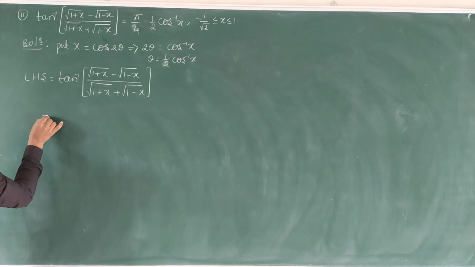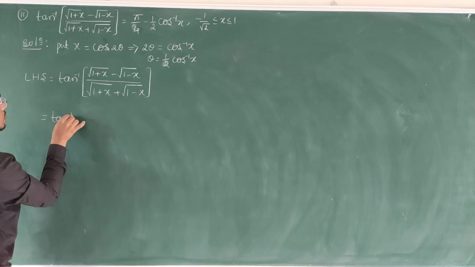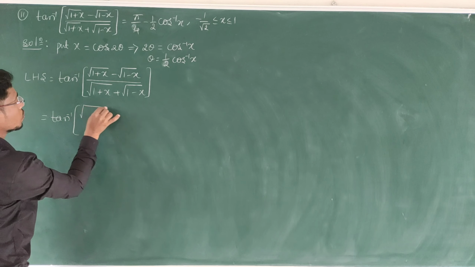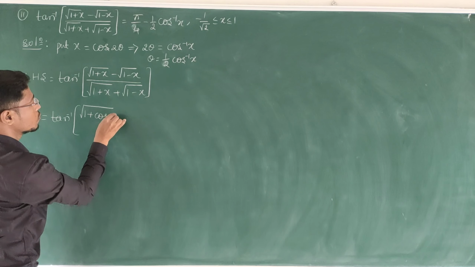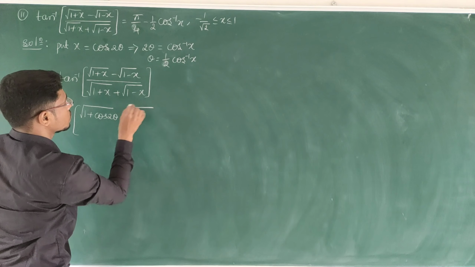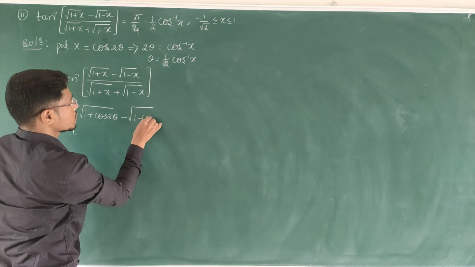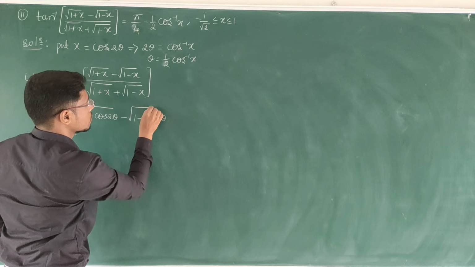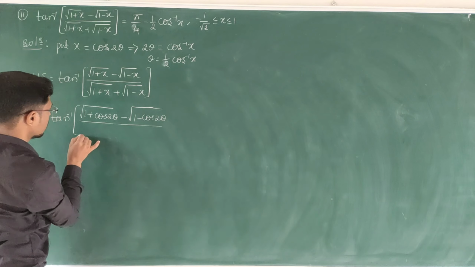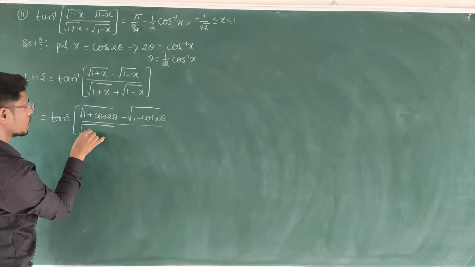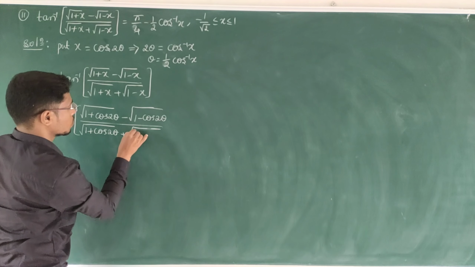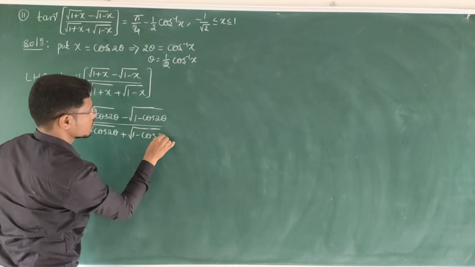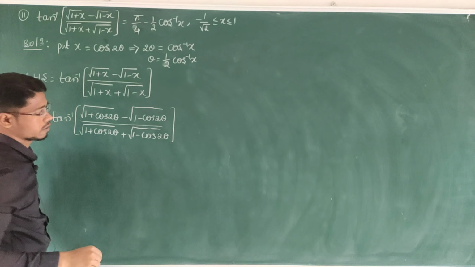Substituting, tan inverse of root 1 plus cos 2 theta minus root 1 minus cos 2 theta, divided by root 1 plus cos 2 theta plus root 1 minus cos 2 theta.